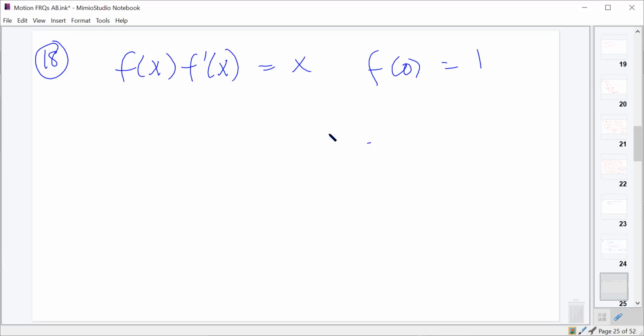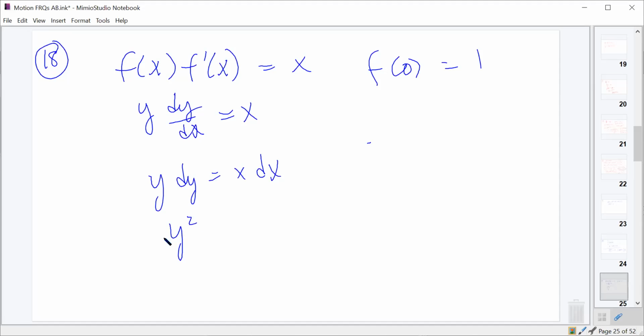So here's what I'm going to do. I'm going to call f of x y, and I'm going to call f prime of x dy dx, and call that equal to x, and just separate the variables. So I get y dy equals x dx, y squared over 2 equals x squared over 2 plus a constant. When x is 0, y is 1.